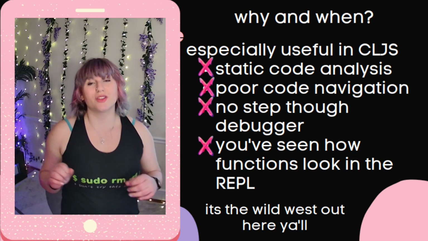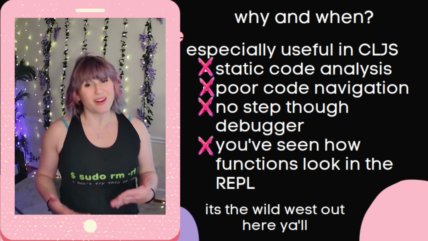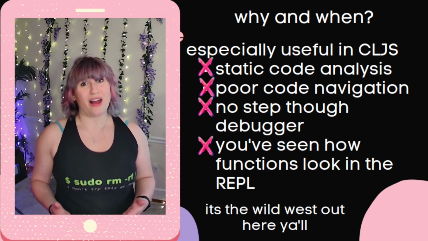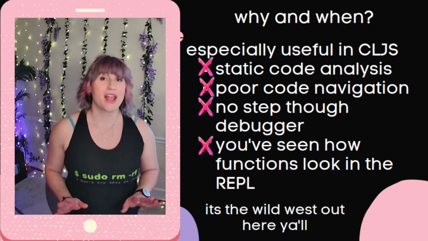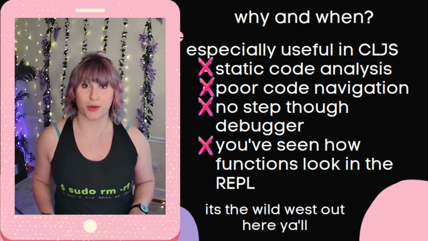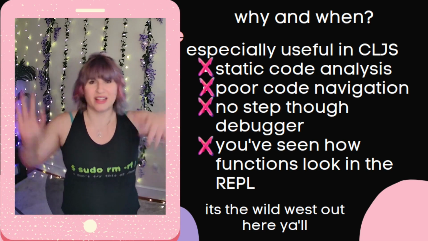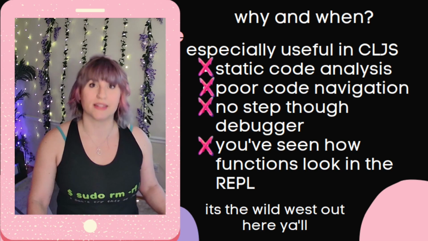You can't just M-x jump to source on the onClick function. There's not really a useful step-through debugger. And you saw how functions looked in the REPL, right? And you don't even want to know how JavaScript handles nil. I'll give you a hint: super willy-nilly about it. It is the Wild West out here, y'all.